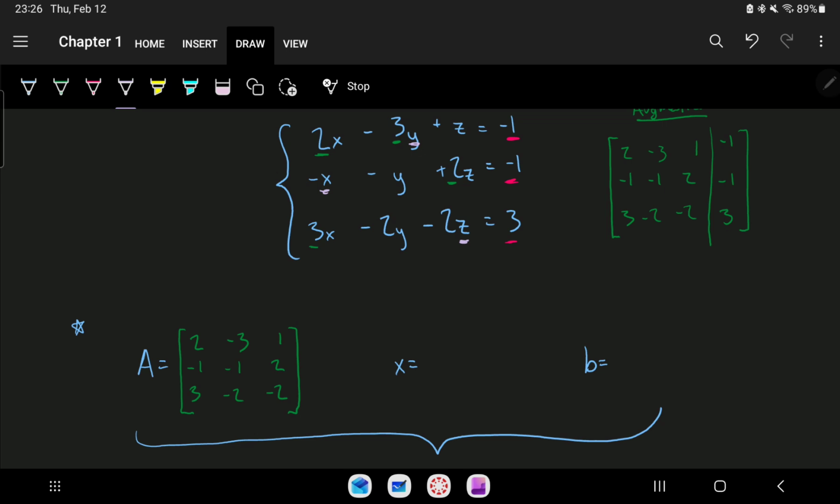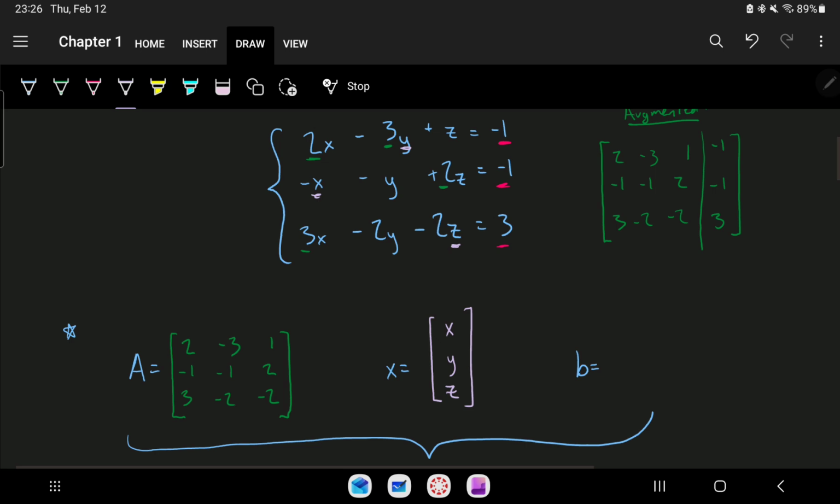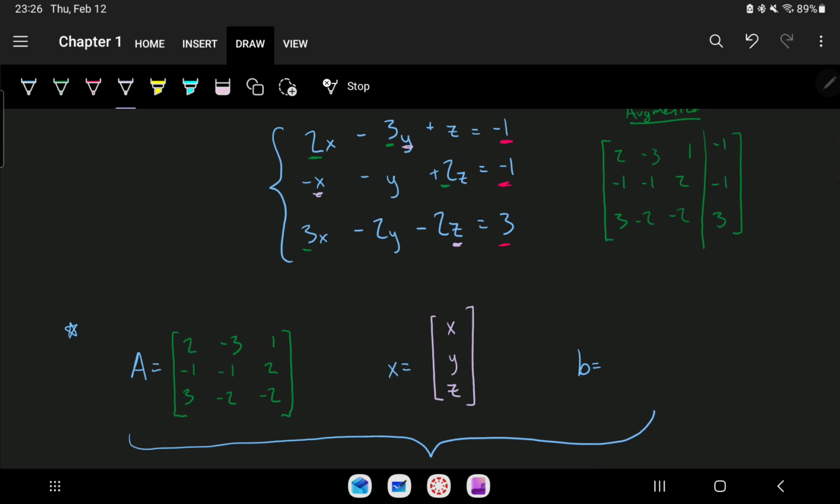In this case, that is going to look very simple, just X, Y, Z. If all of these were X1s, X2s, X3s, that's what we would write, but in this case, it's just X, Y, Z. And then finally, B is going to be the solutions.